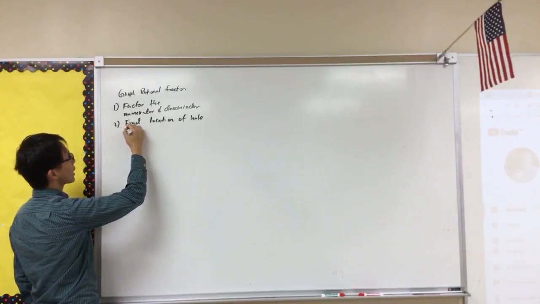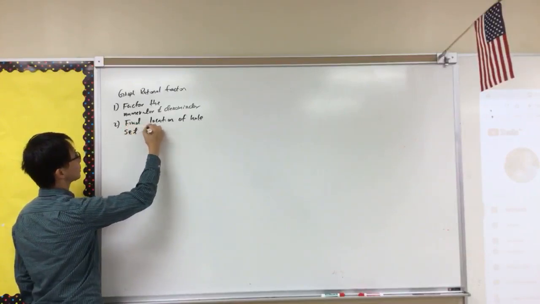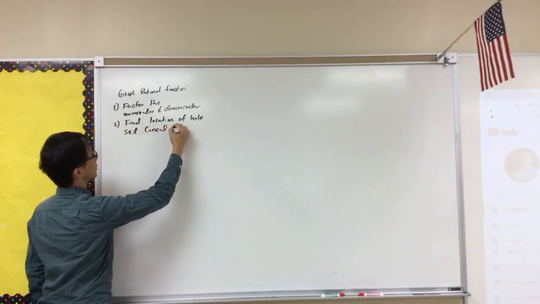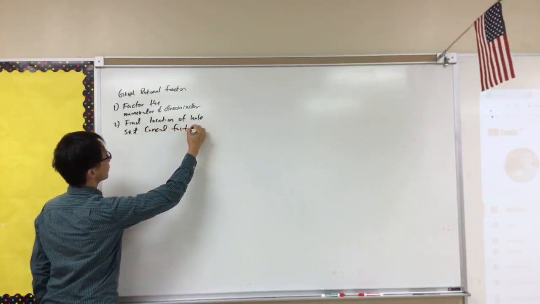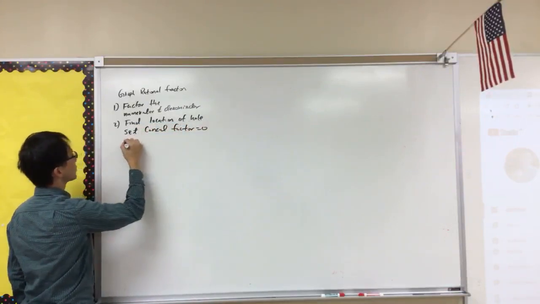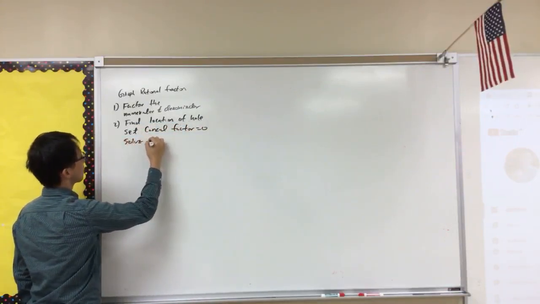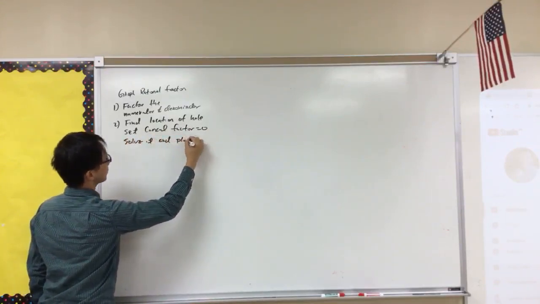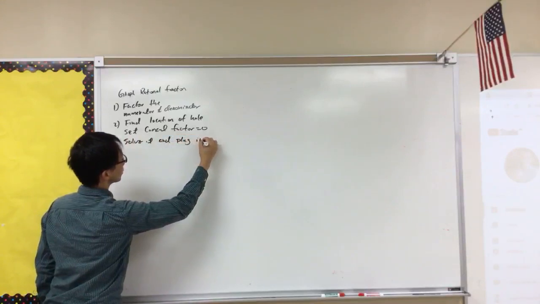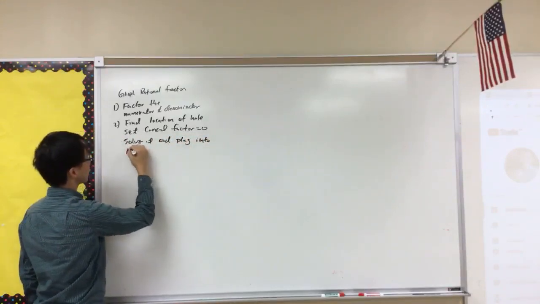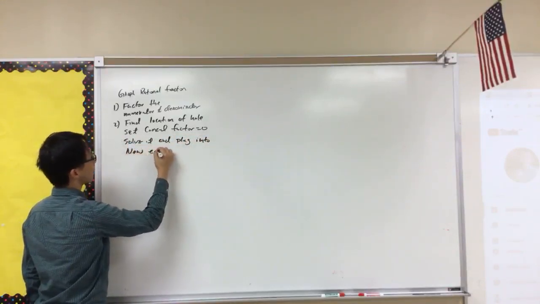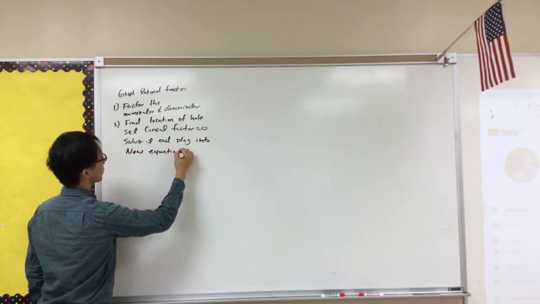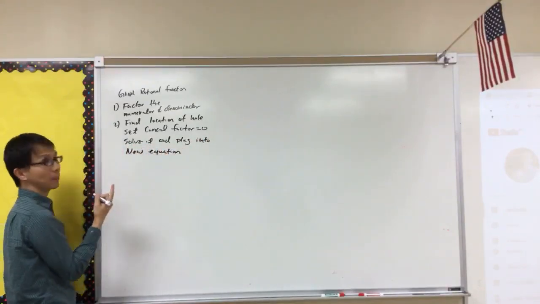Now you're going to set the canceled factor equal to 0, solve it, and plug into the new equation, the new equation after you cancel, if there's anything to cancel. Okay? So we talked about that second step.